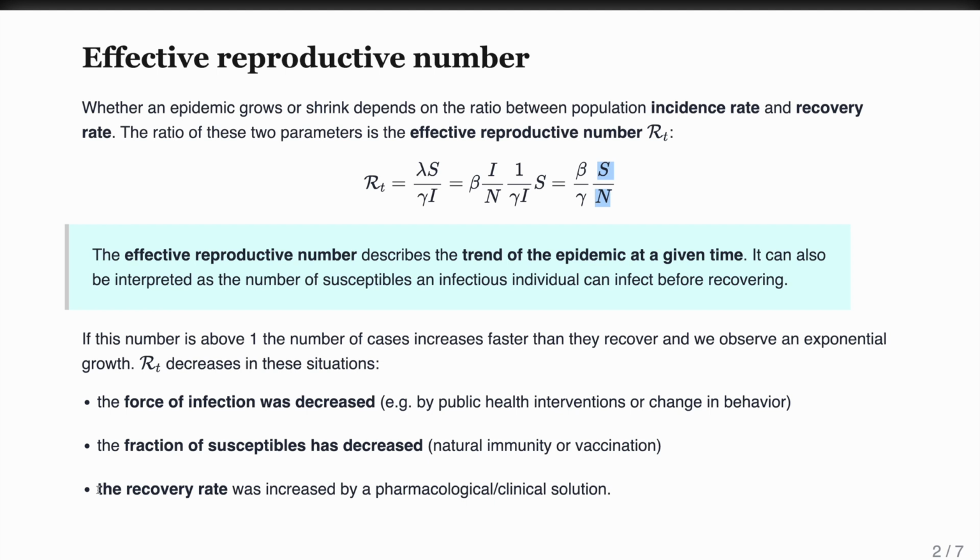For example, this is one of the most effective ways in which AIDS, HIV disease, was controlled: by using antiretroviral agents that decrease the infectiousness of affected people, even if actually they don't decrease the length of the disease.